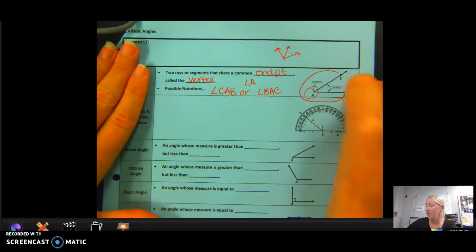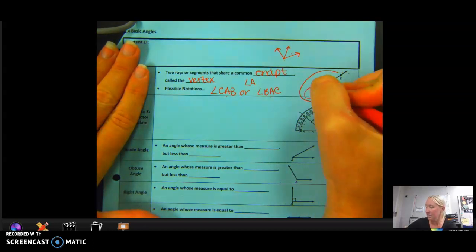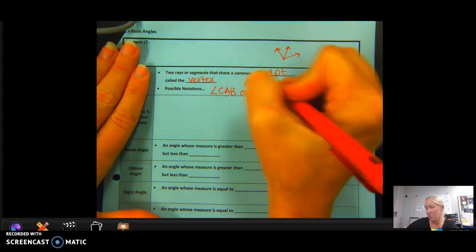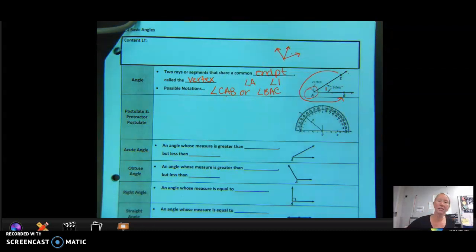A fourth way I could name this, let's say that there is a number inside here. Maybe they call it number 1. That is called angle 1. So there's a couple different ways that I can name that angle. It always has the angle symbol in front of it.